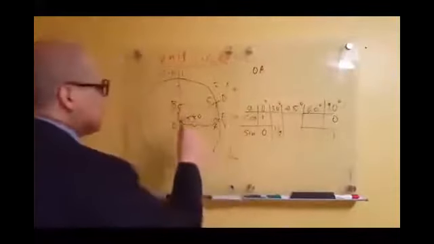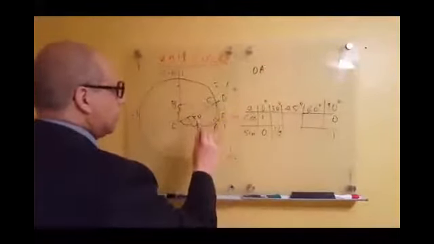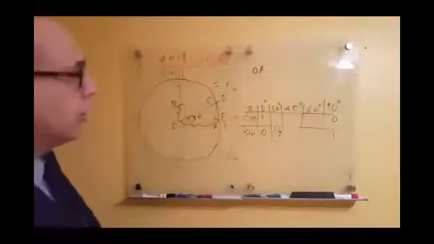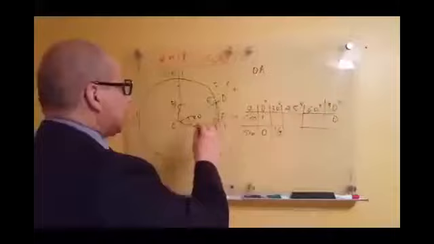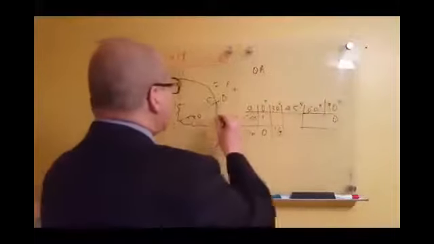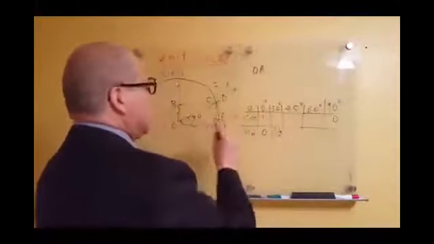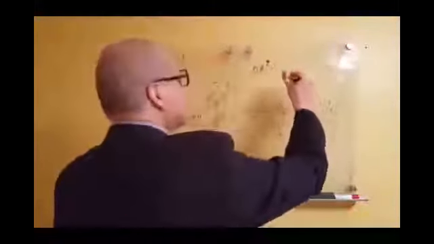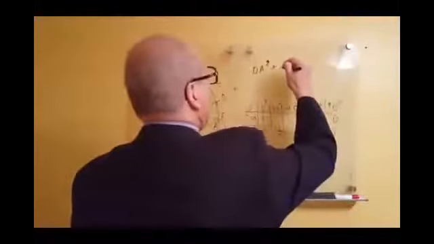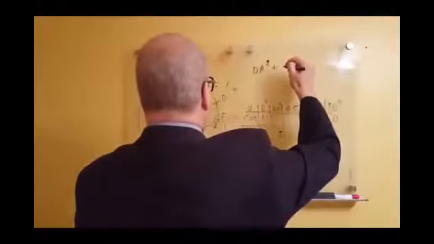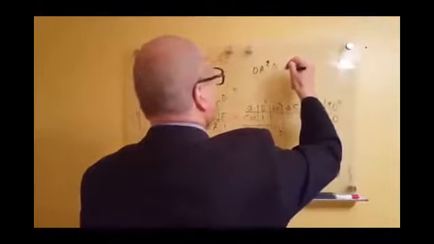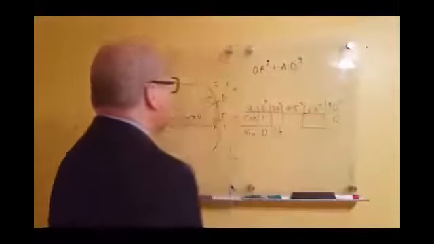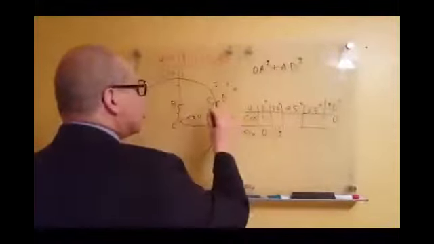When you have this here, it's a right triangle, and that means that you can apply the Pythagorean theorem, which says that the sum of the squares of the two perpendicular segments, OA squared plus AD squared, has to be equal with the hypotenuse squared.